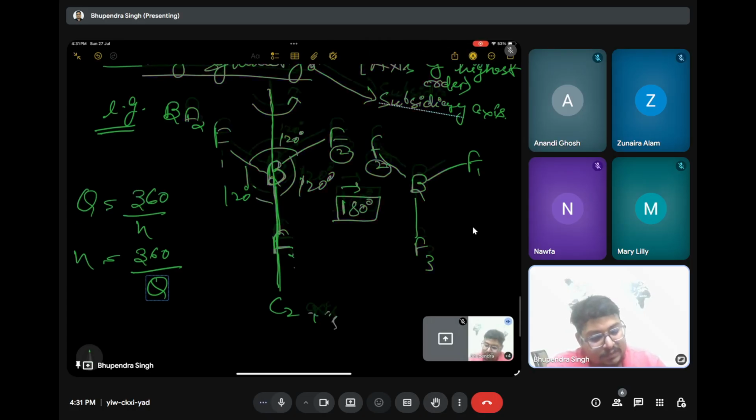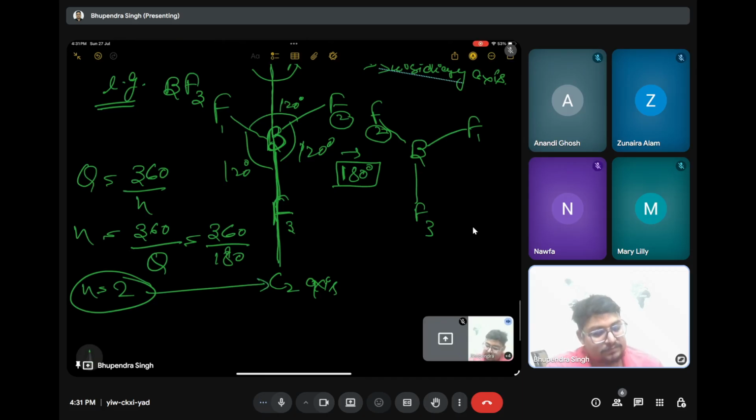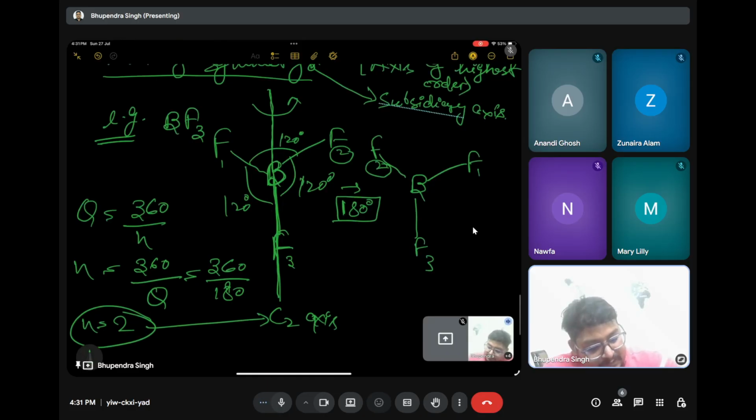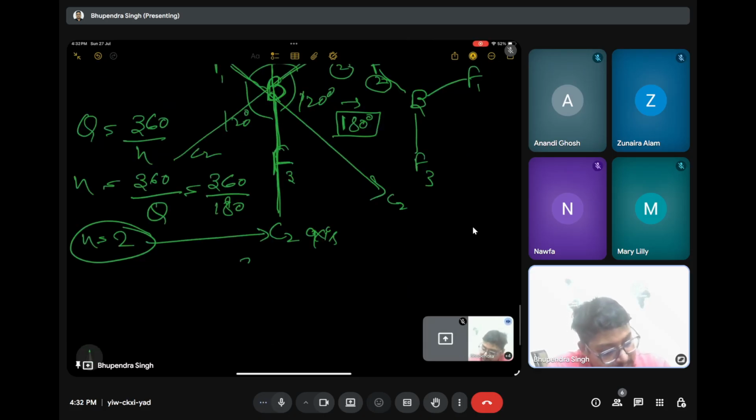So if you put theta equal to 180, you will get 2. So this should be a C2 axis. Similarly, one C2 axis will pass from here, and one will pass from here. So you will have another C2, and another C2. You get 3 C2 axes passing through it.